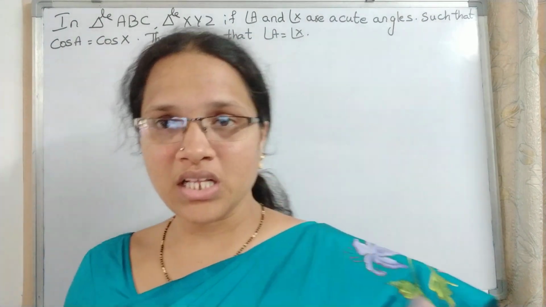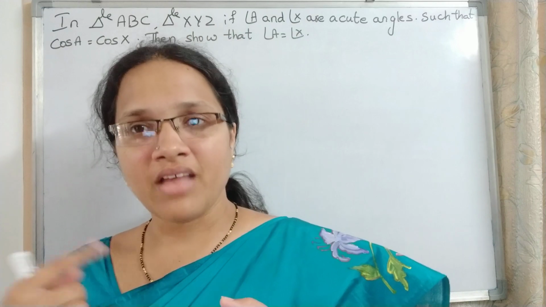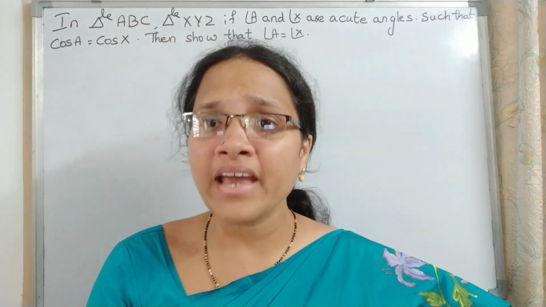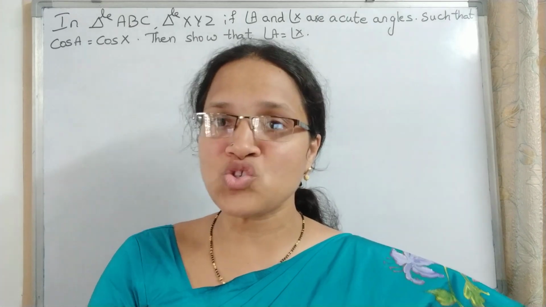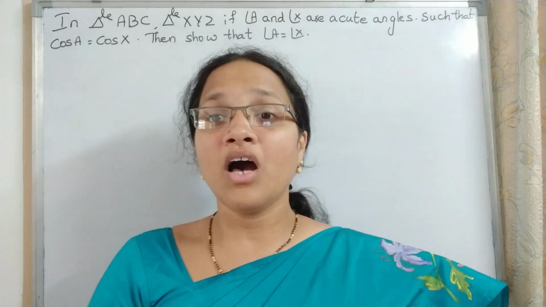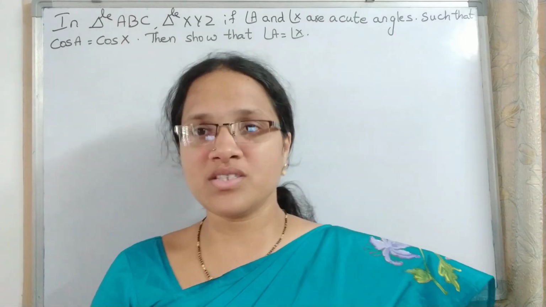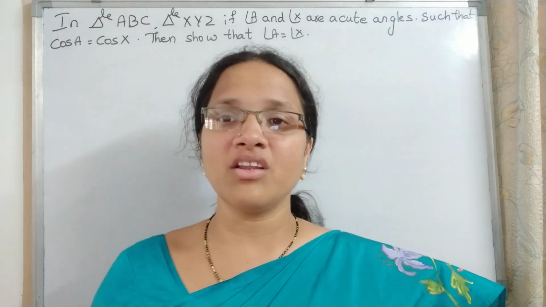There are two triangles given, ABC and the other one XYZ. In the two triangles, angle A and angle X are particularly said to be acute angles. Acute means angles which are less than 90. This you have already learnt in your primary sections.